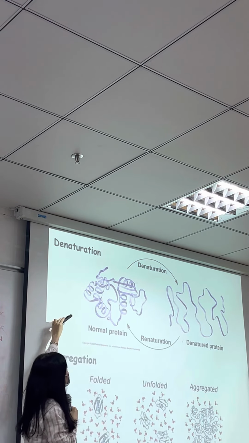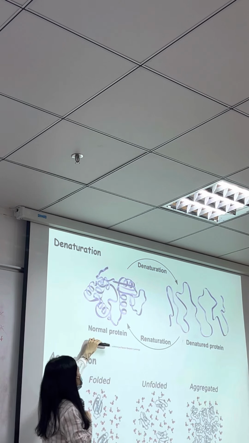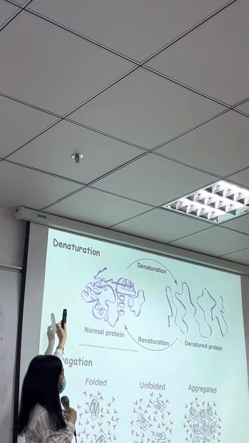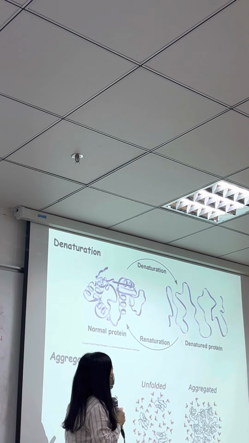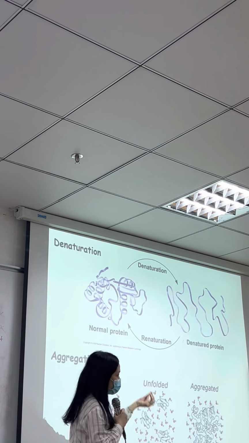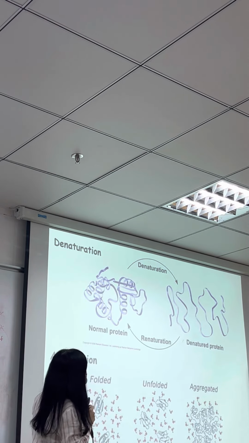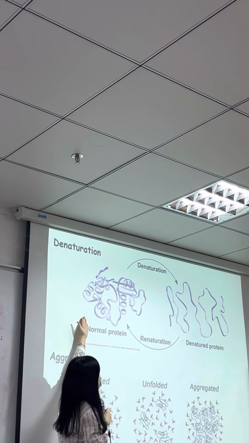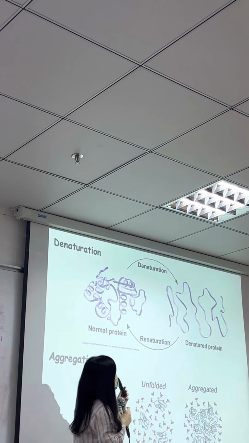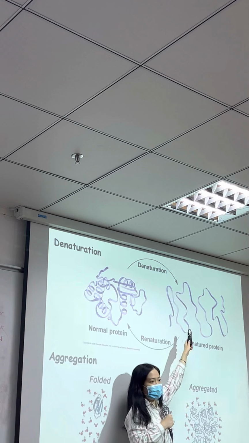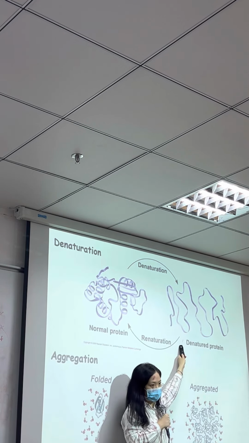this protein can be a functional protein, it must have this structure. However, if you apply some heat or some chemicals, it loses its structure, down to the primary structure.